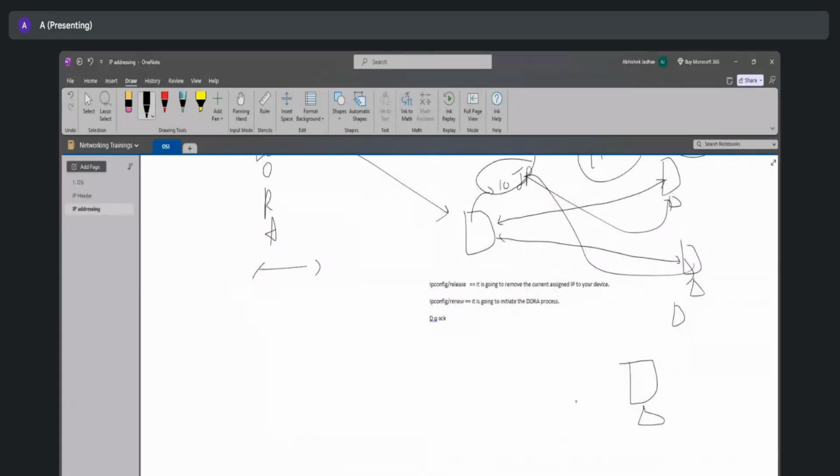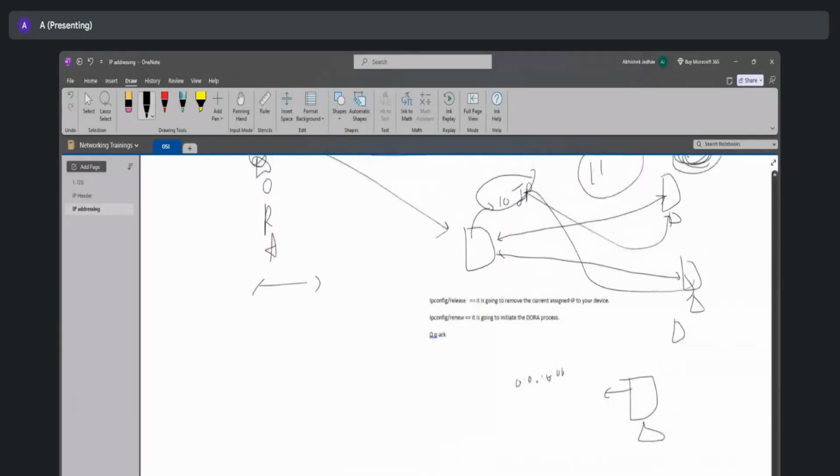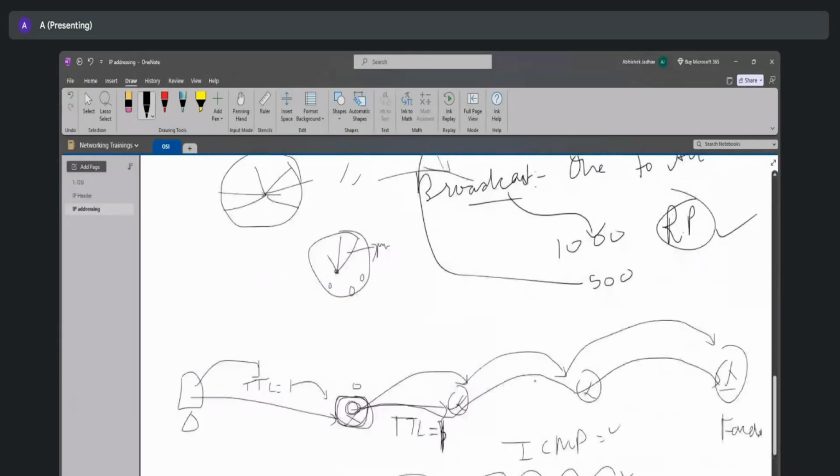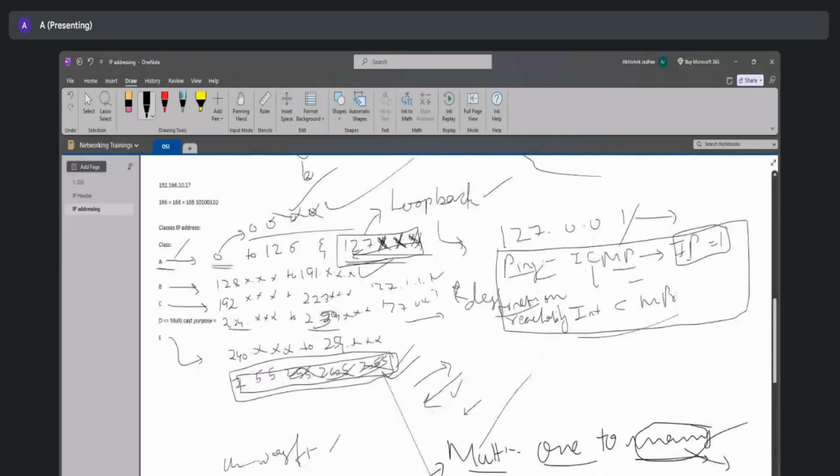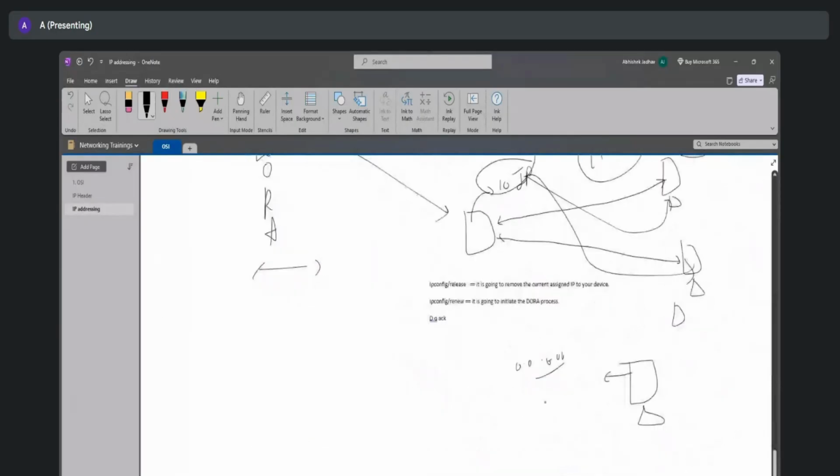So it cannot be on 0.0.0.0 because you know that 0.0.0.0 is a default IP address under class A. So that cannot come here. So what IP address will this machine be assigned? Any idea? Okay.